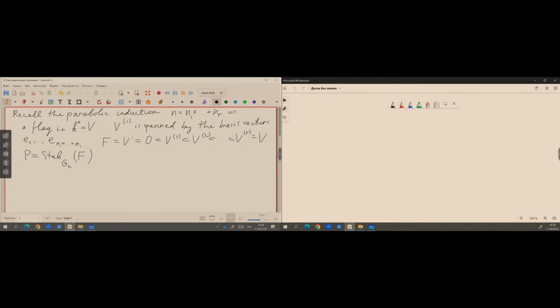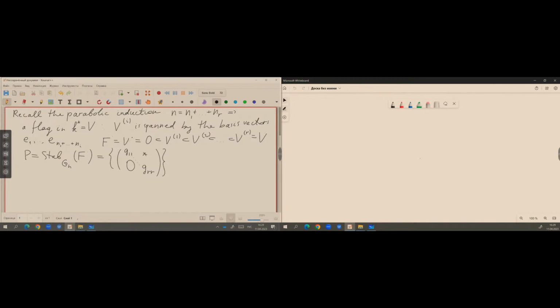So in the block notation, this is the set of matrices: block diagonal with blocks, and then something here, but 0 below.